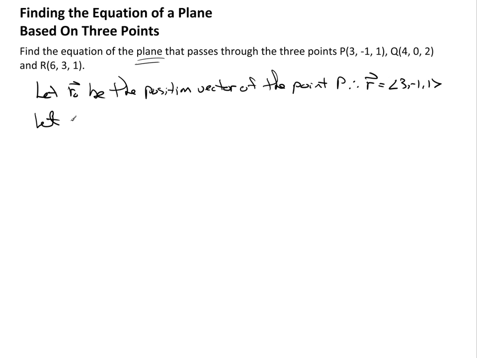And I'm going to let the vector A equal 4 minus 3, 0 minus negative 1, and 2 minus 1. I took the 4 minus 3, 0 minus negative 1, 2 minus 1.